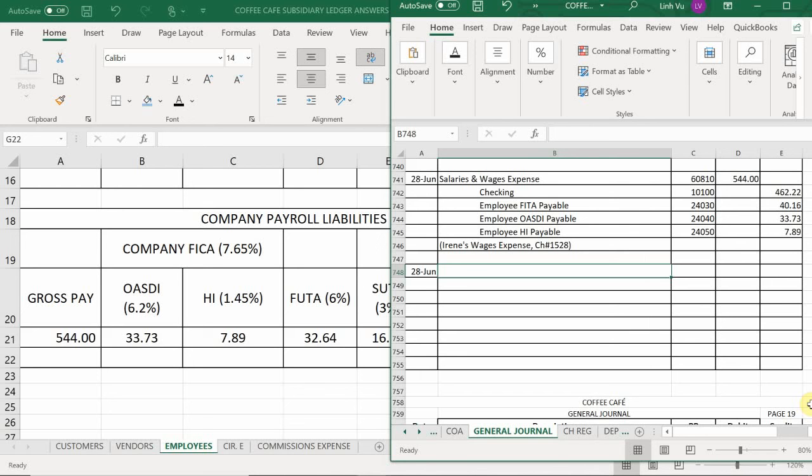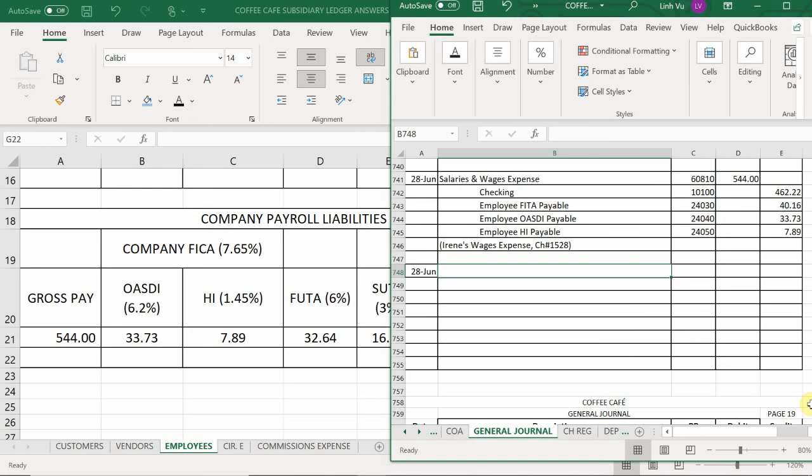The items are what the company is responsible to pay for having that person as an employee, and we call that payroll. We're calculating payroll, right?